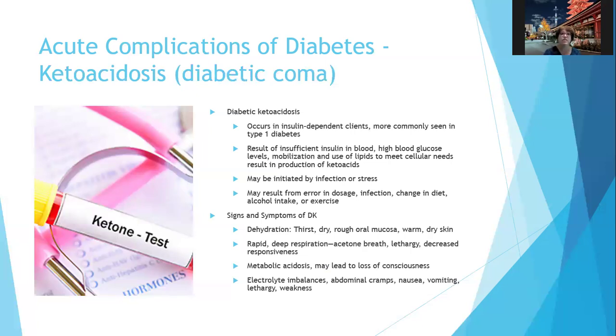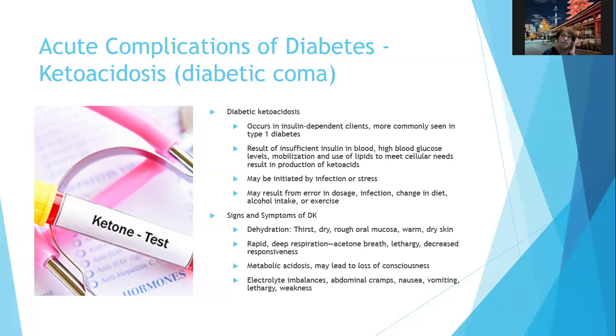The other side of it is diabetic ketoacidosis, which is extreme hyperglycemia. It occurs in insulin-dependent clients and it's most commonly seen in type 1 diabetes. It's a result of insufficient insulin in the blood, high blood glucose levels, and mobilization and use of lipids to meet cellular needs, which results in the production of keto acids.